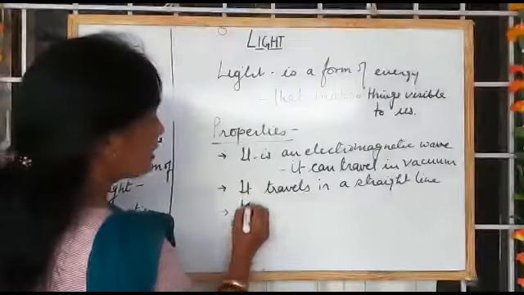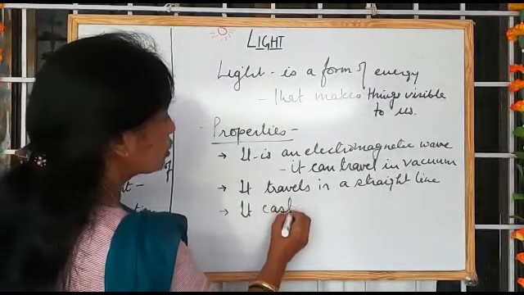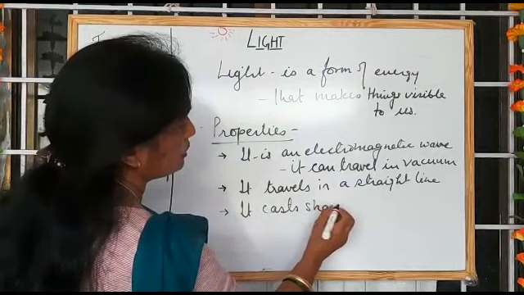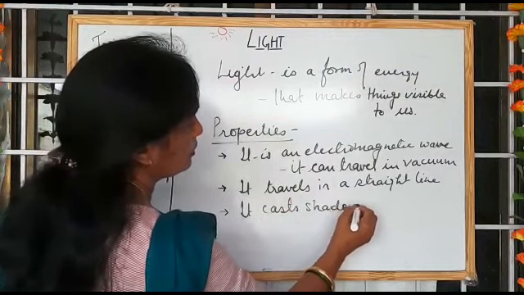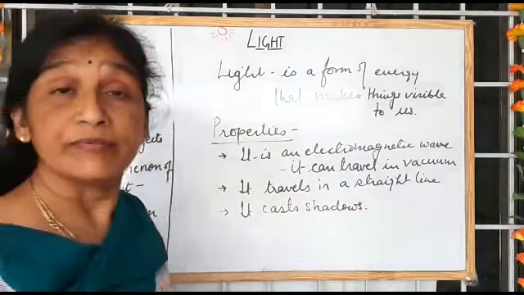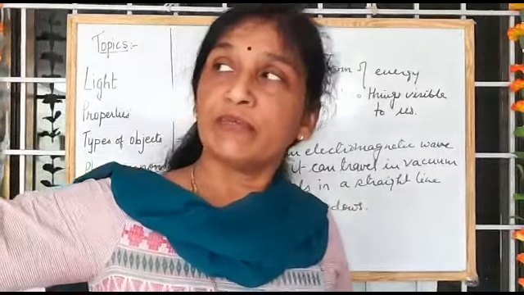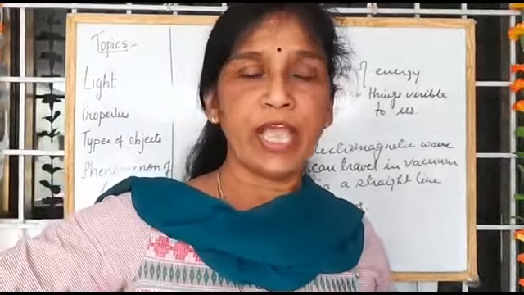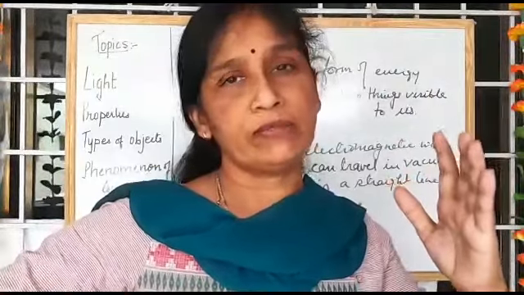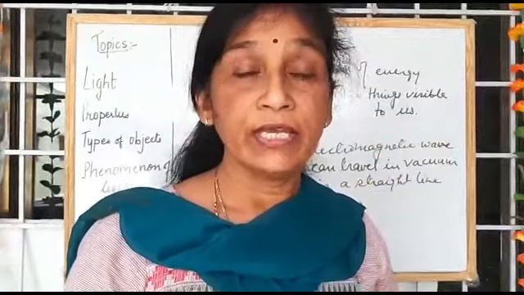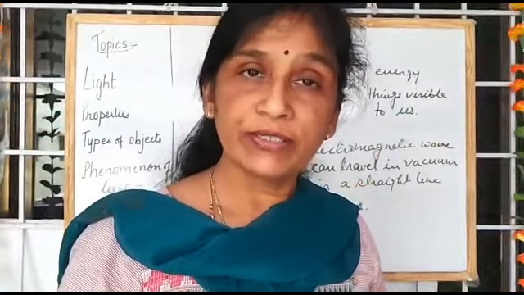Then it casts shadows. Whenever light is coming from this end, and an object comes in its path, the path of light gets obstructed.